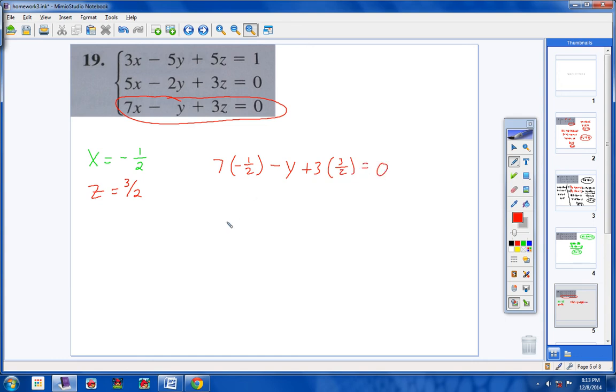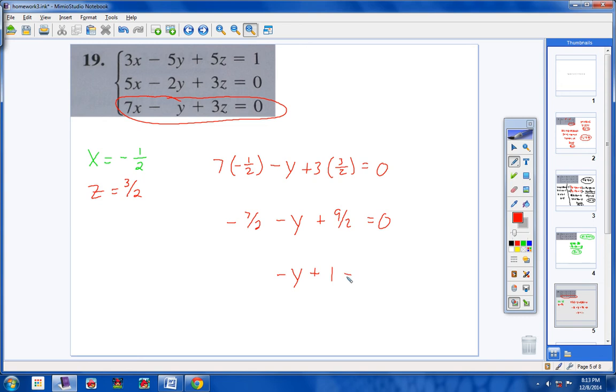Okay, so negative 7 over 2 minus y plus 9 over 2 equals 0. Then I have negative y plus, well, a negative 7 over 2 and a positive 9 over 2. Use your calculator if you need to. It gives you 1. Okay?